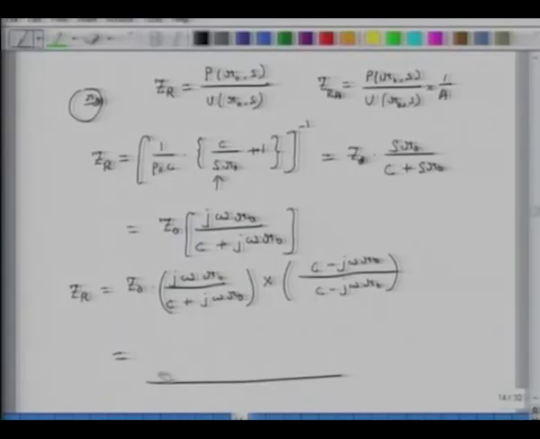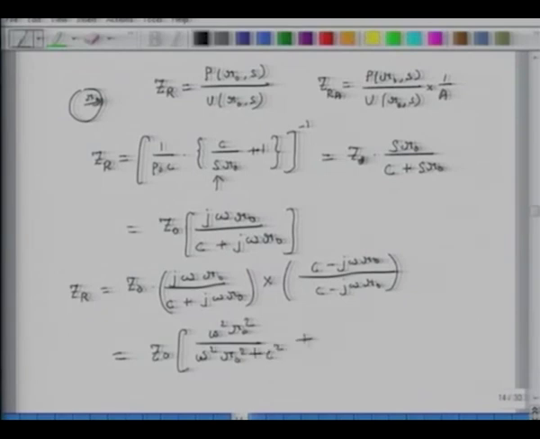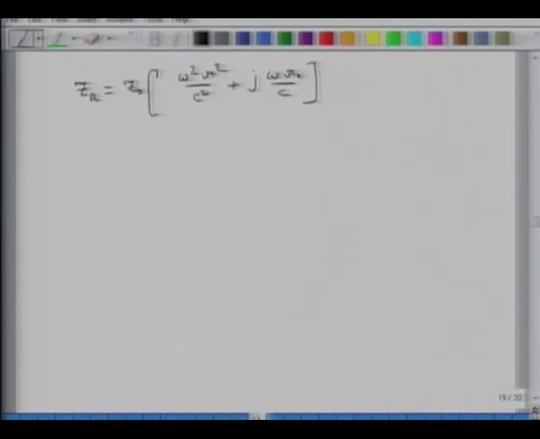So this is Z naught times omega square R square R naught square over omega square R naught square plus C square, plus J times omega R naught C over omega square R square plus C square. Yeah, that was a simplification I had done. If omega is low, then this is my relation.